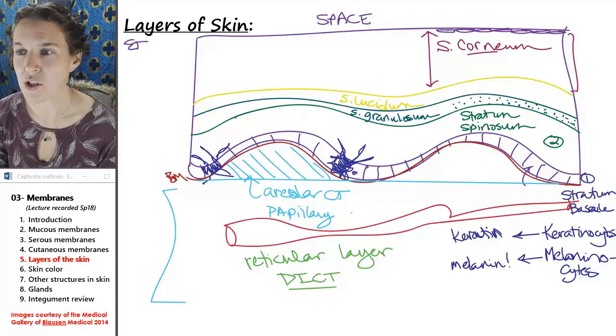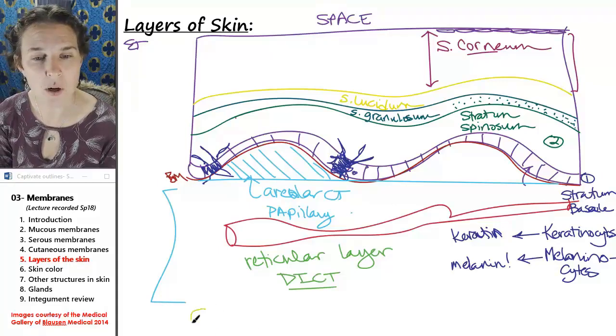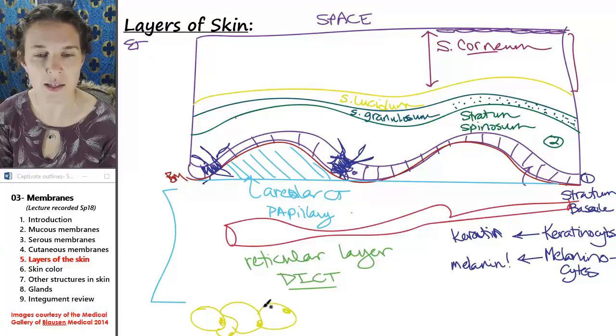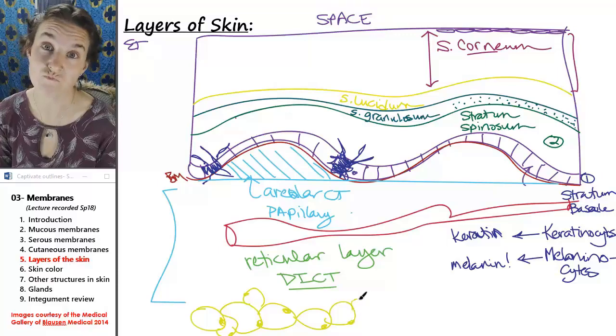Deep to the dermis is one more layer. Okay, and this is Pictionary with my favorite color, which means you can't see it. And this is how I know that I am in this layer, because the reticular layer is a mess.